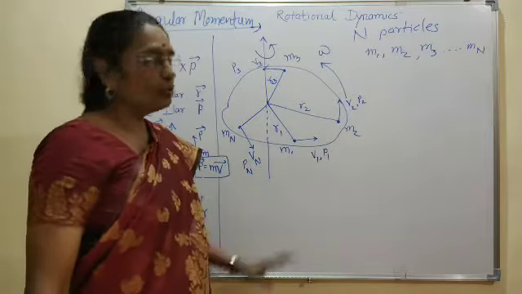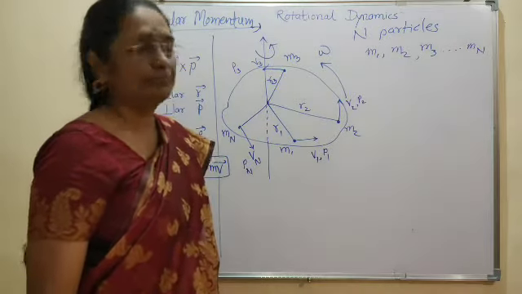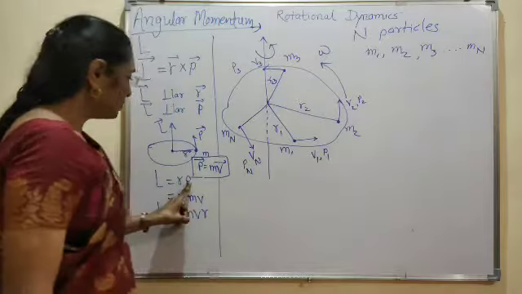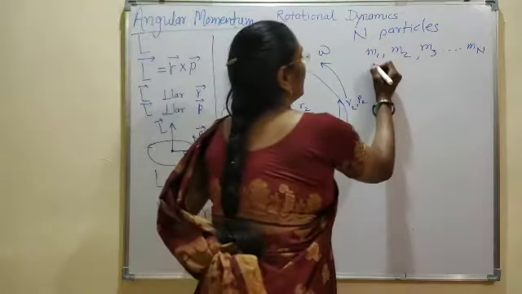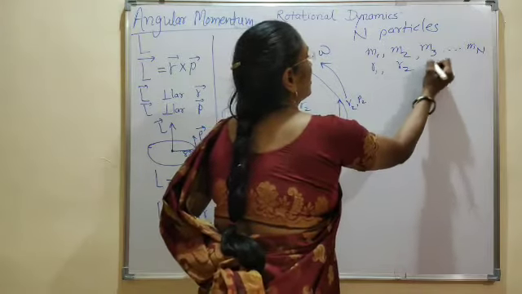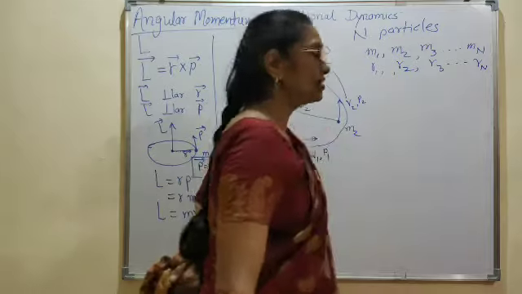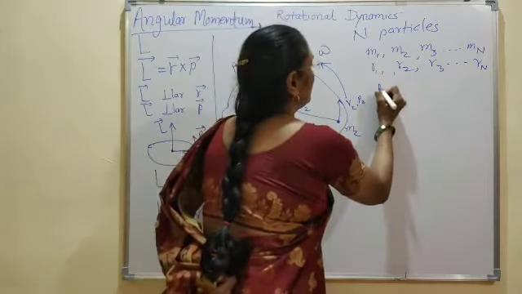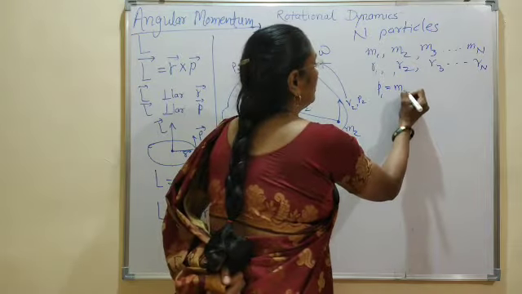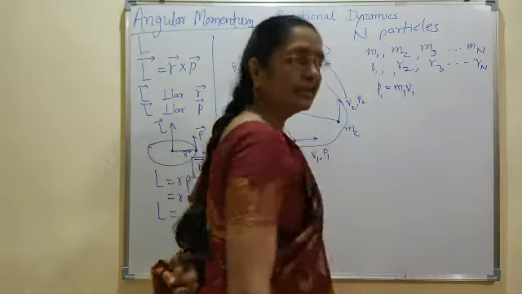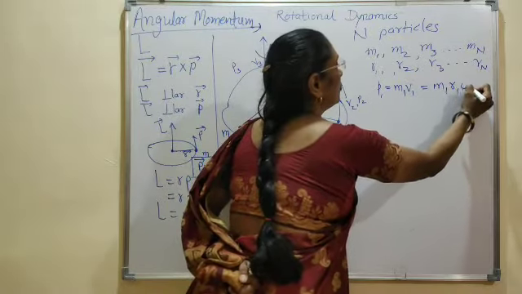So once we know such quantities related to each mass, we can write the expression for L. Here r1, r2, r3, we have to note, are the shortest distances. p1 can be written as, for the first particle, m1 v1, which is equal to m1 into r1 omega.